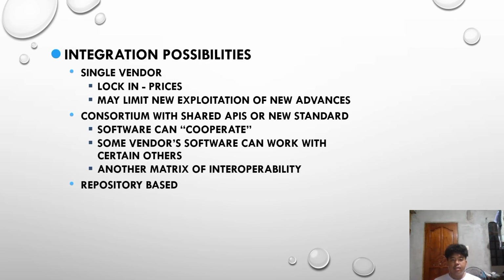And the last, integration possibilities. Integration possibilities are single vendor, lock-in prices, may limit exploitation of new advances, consortium with shared APIs or new standard, software can cooperate, some vendor software can work with certain others, another matrix of interoperability, and repository base.